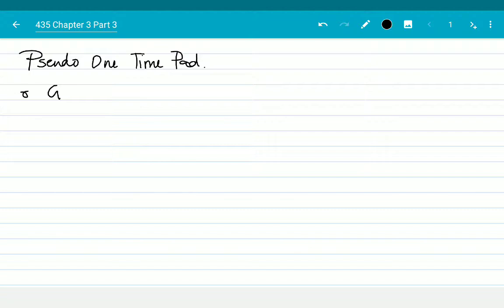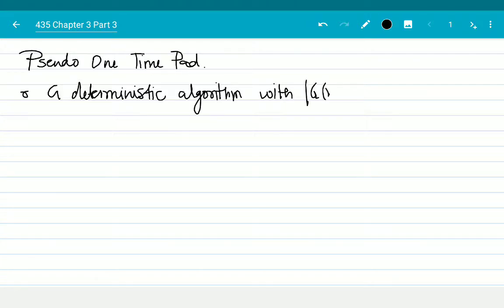Let G be a deterministic algorithm with the length of G of k equal to P of n, some polynomial in the length of k.